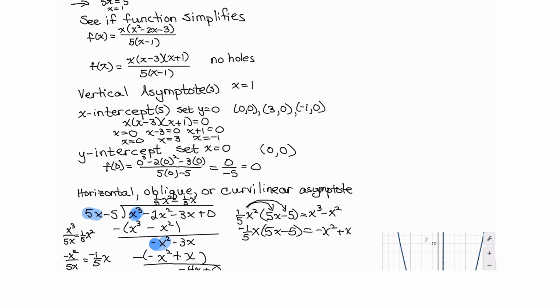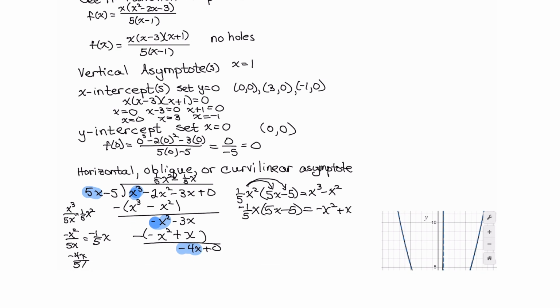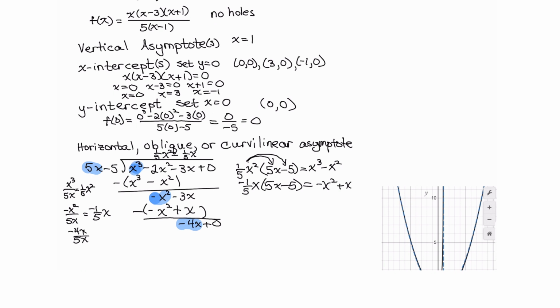It's still a degree matching what I'm dividing by, so we can go one more step with our division. Take the negative 4x, the first term of what we're dividing into, divided by the first term of what we're dividing by, and that gives me a negative 4/5. Write that up in our quotient.